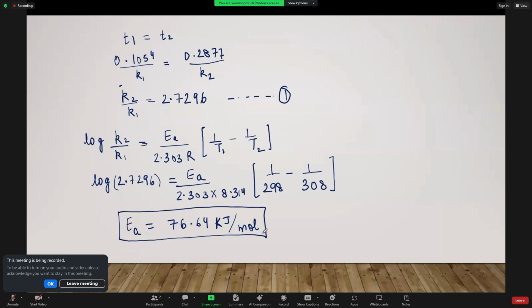Now what they also asked in the question, the value of K at some another temperature.